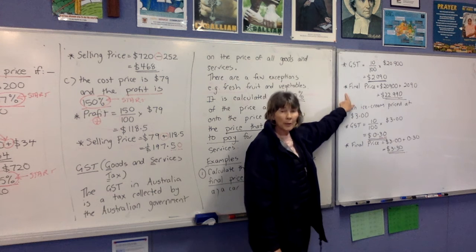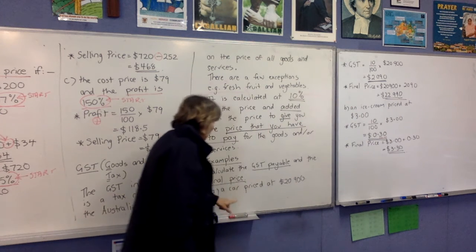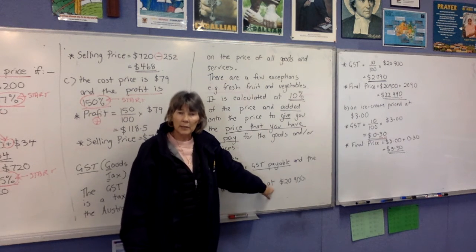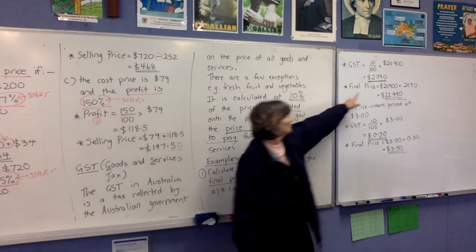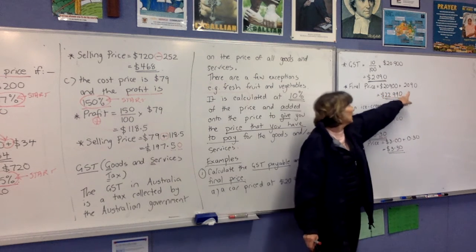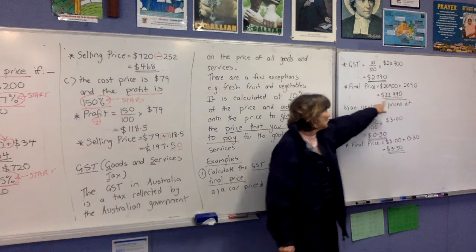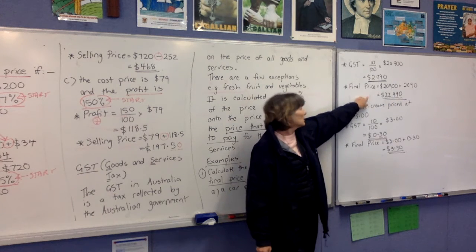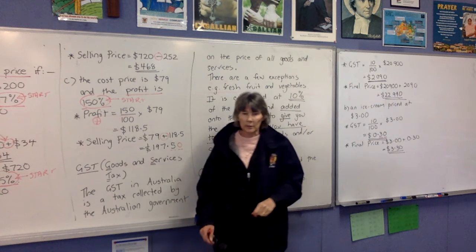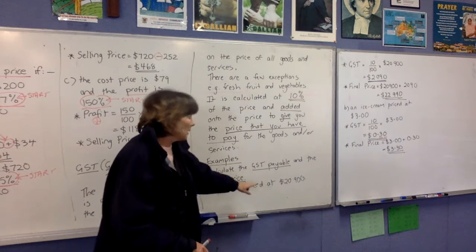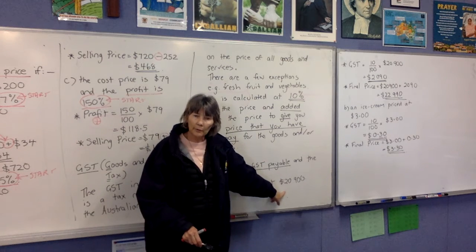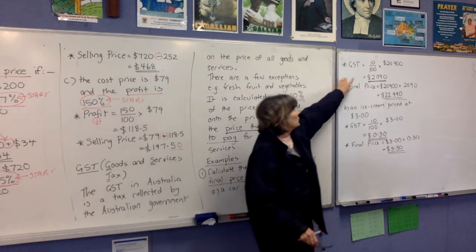The final price that you are going to pay for the car is the original $20,900 plus the GST on the car, which we just worked out, and you will pay for the car $22,990. This much money goes to the car company you bought it from, and this much money goes to the Australian government.